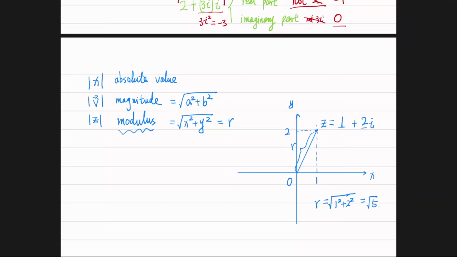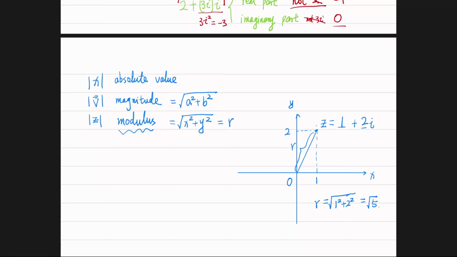Okay, so now you can see the connection between a complex number and its modulus. It's like the magnitude, like the norm, but we call it modulus. When you hear modulus, we are talking about complex numbers. When you hear magnitude, we're talking about vectors.